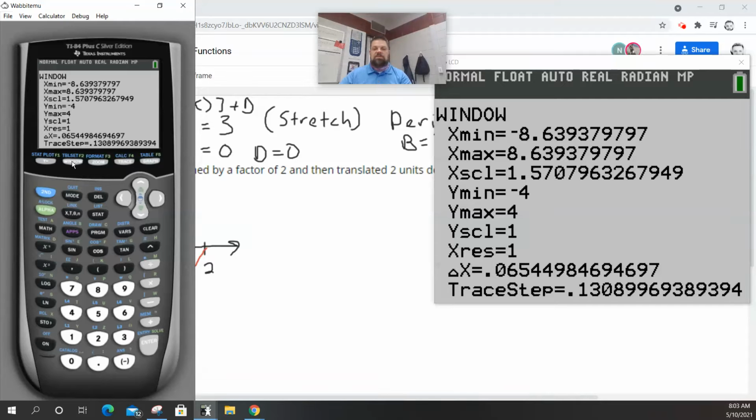So my tick marks, I changed them to half pi because we've been doing a lot of trig stuff.